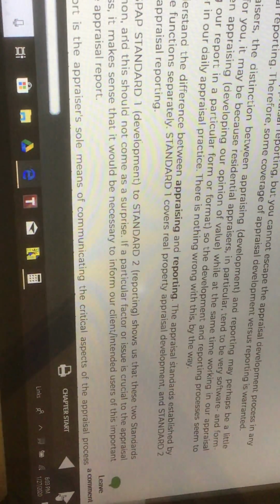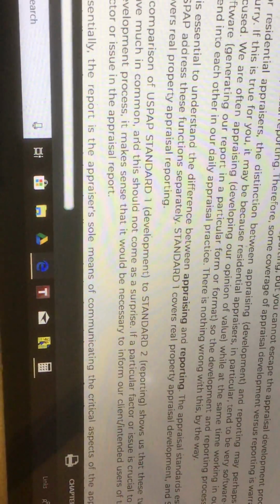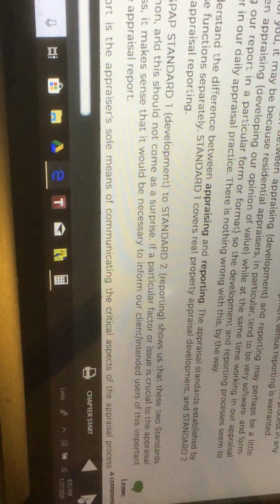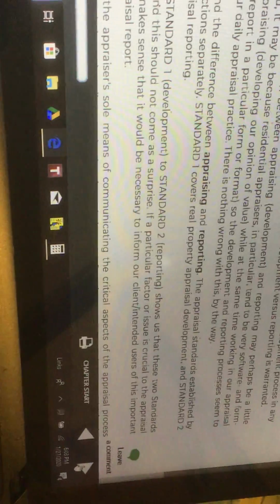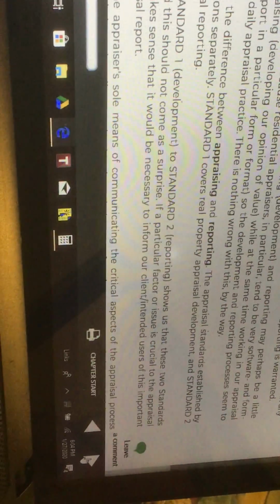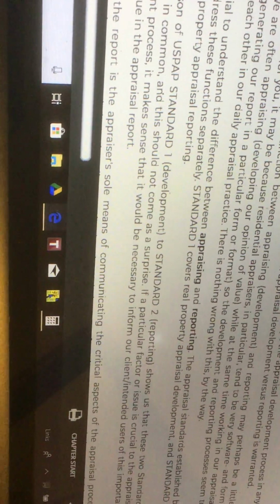The appraisal standards established by USPAP address these functions separately. Standard 1 covers real property appraisal development, and Standard 2 covers real property appraisal reporting.